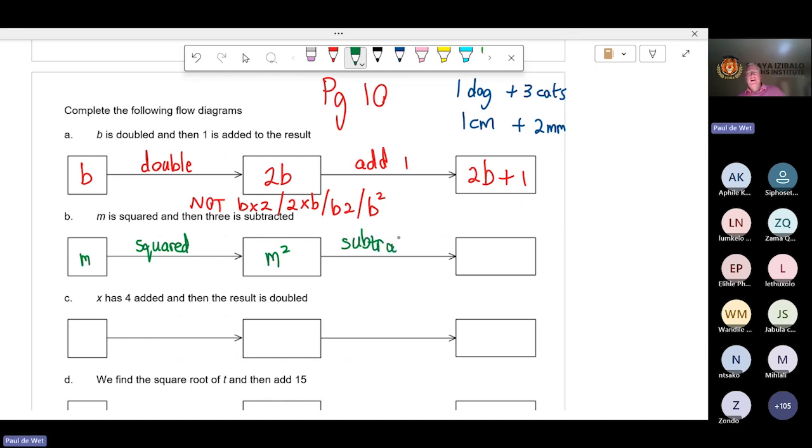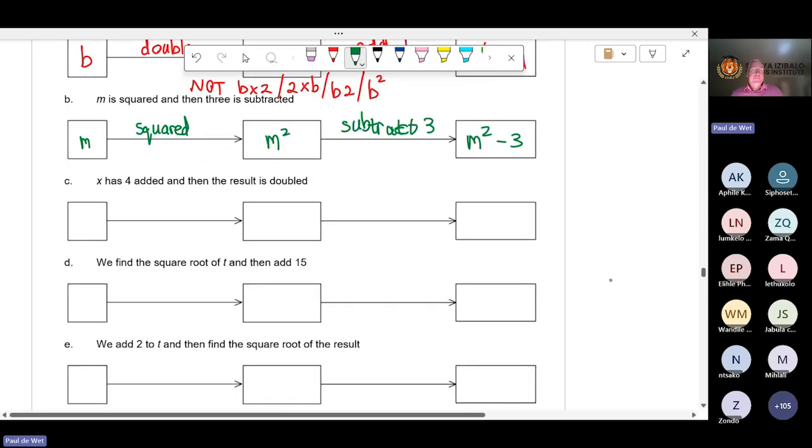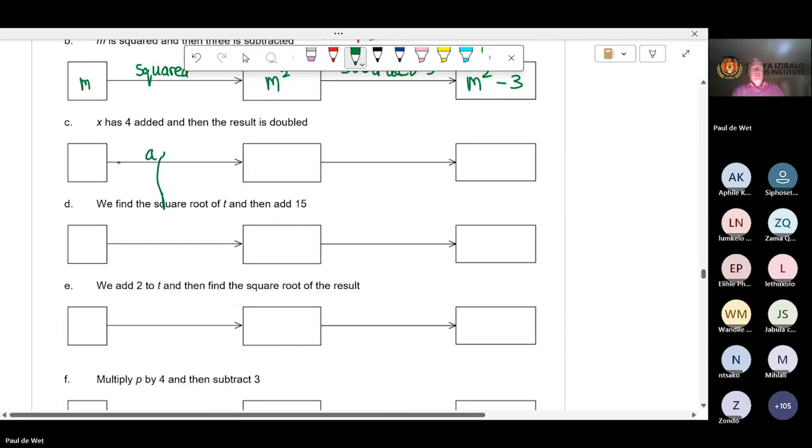Again, subtract 3. And the way we would write that is m squared minus 3. We can't do anything more with it. Then I want you to try and do C and D.